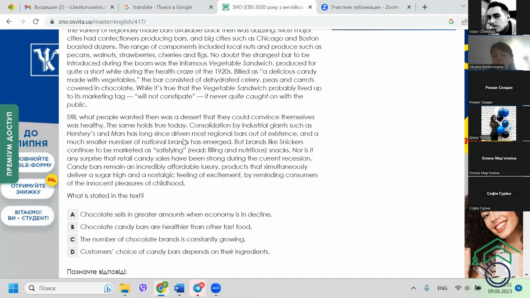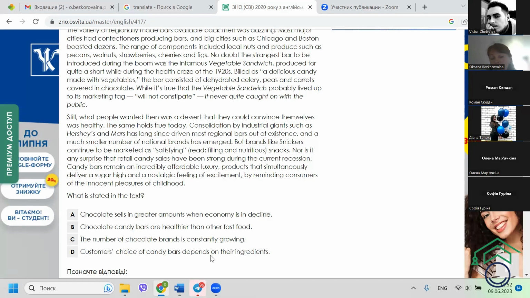Це злиття гігантів призвело до того, що більшість місцевих батончиків більш не існують. Тоді це не підходить, навпаки, кількість стає меншою. Ні, викреслюємо.